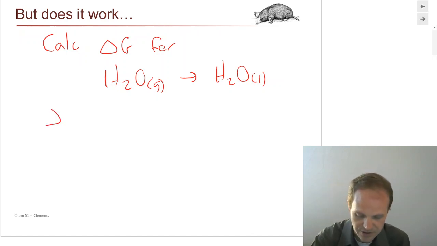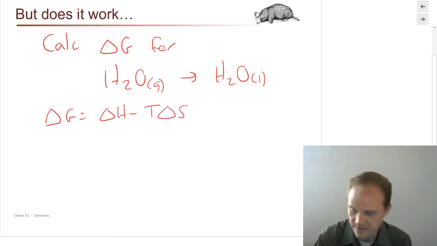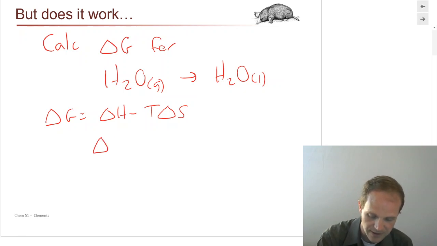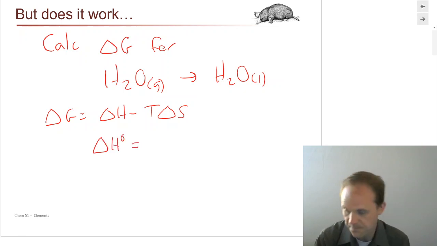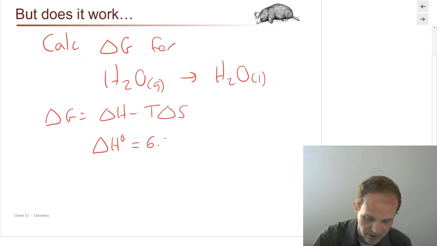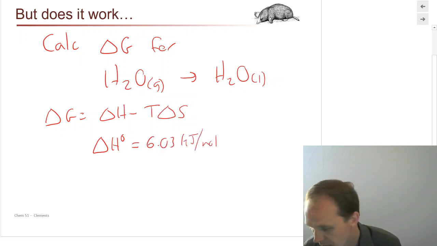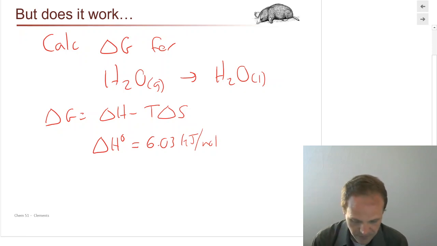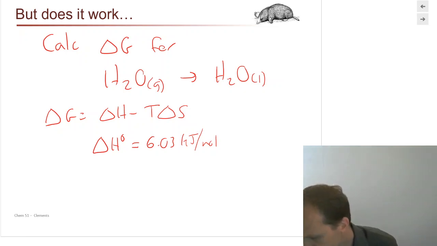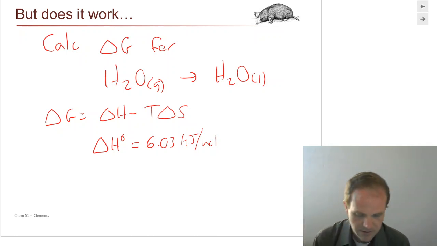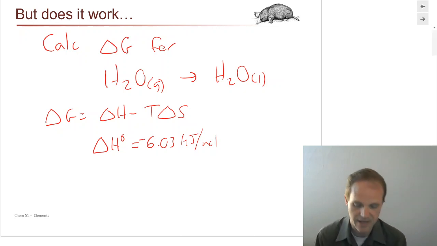We're going to use delta G equals delta H minus T delta S. And we're going to look these things up, and we're going to find the following, that delta H naught for this reaction is 6.03 kilojoules per mole. It is exothermic, and so we should have a negative there.